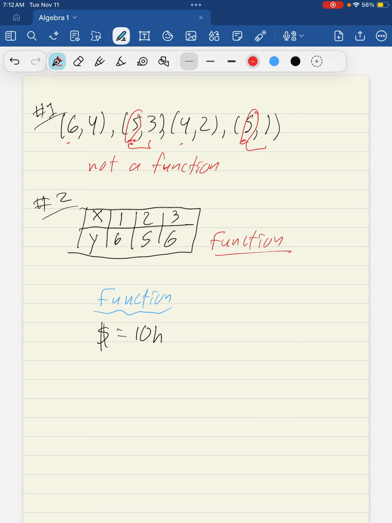This is a function because if you were to work 8 hours, I can put my 8 right into there. 10 times 8 is 80. Okay. So, quick example of a real life function. And I will say, if you worked 8 hours and got $20, you know that'd be a problem.